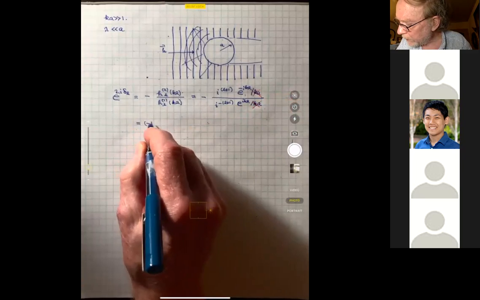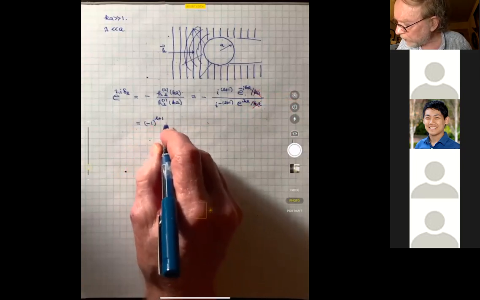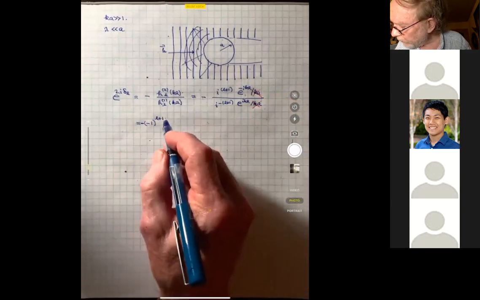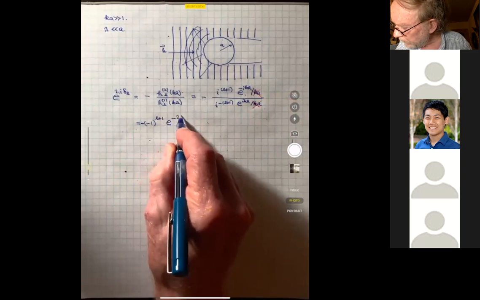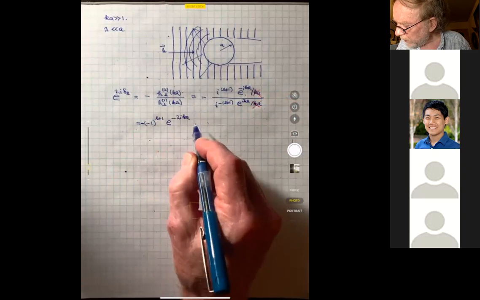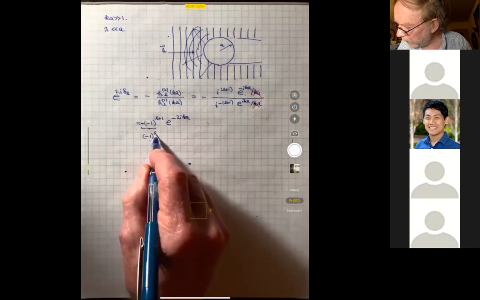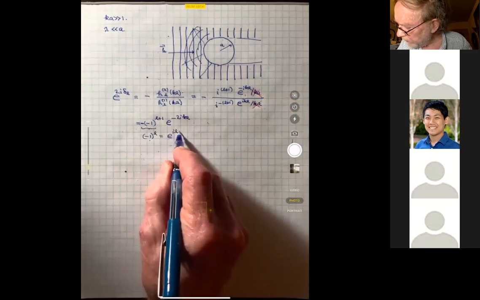We get a minus 1, i squared is minus 1, we get minus 1 to the L plus 1 power with a minus sign out front from here. And then we get e to the minus 2iKa. And minus times minus 1 to the L plus 1 is the same thing as just minus 1 to the L. And that's the same thing as e to the i L pi.